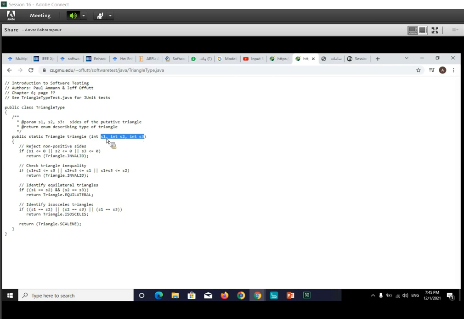When each of these parameters is less than 0, we could not define a valid triangle by these parameter values. So in the first step we check the values of each parameter to be greater than 0. If not, we simply return the invalid type.